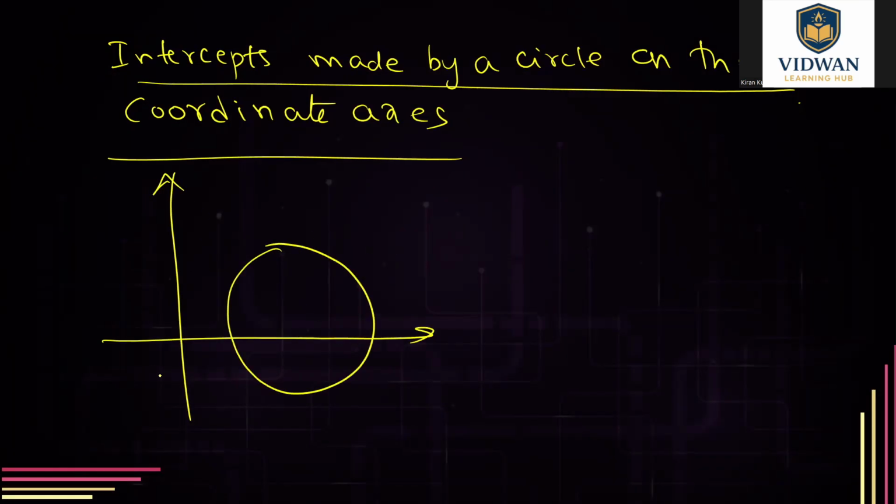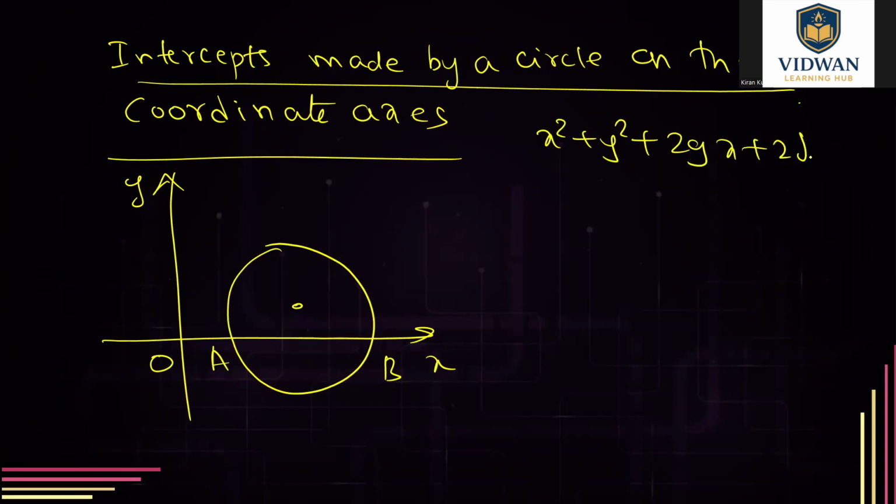It can cut both also, but I'm taking the first case. The circle is cutting x-axis at A and B. Then we say that AB is the intercept cut off by the circle on x-axis. So if I want to find a formula for this, first I have to know the circle. So let the circle be x square plus y square plus 2gx plus 2fy plus c equal to 0. This is the given circle. And I want to find out the intercept which it cuts off on x-axis. So can anyone tell me how to find this AB length given the circle equation?